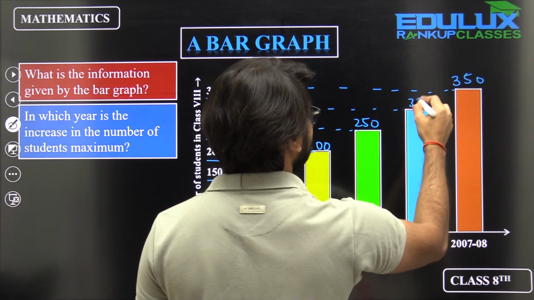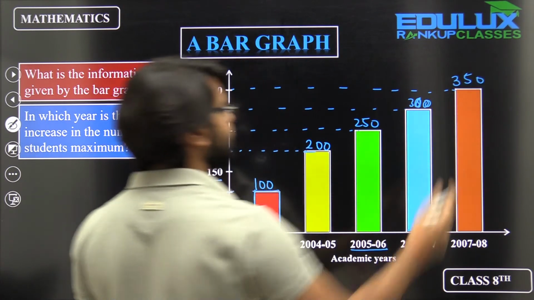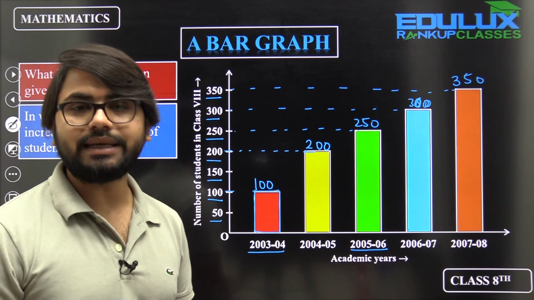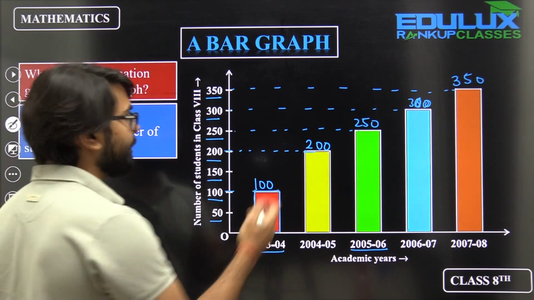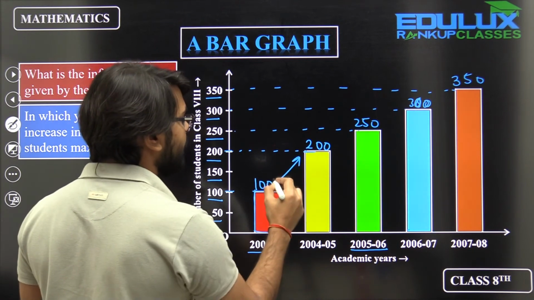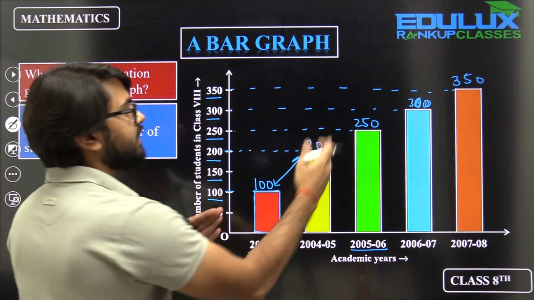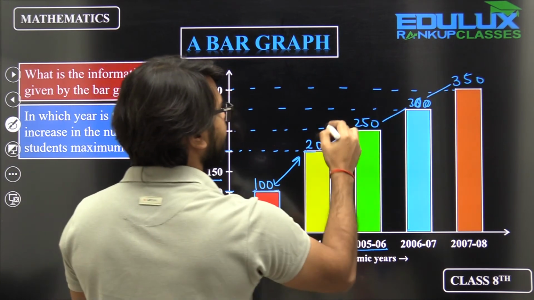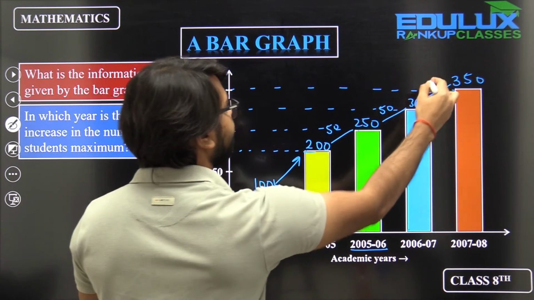From 100 to 200 the increase is 100, but in the other years the increase is only 50 students each.